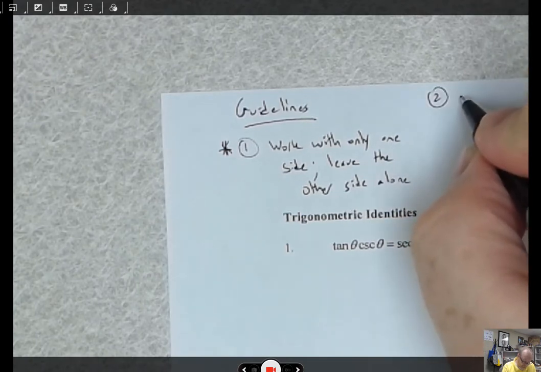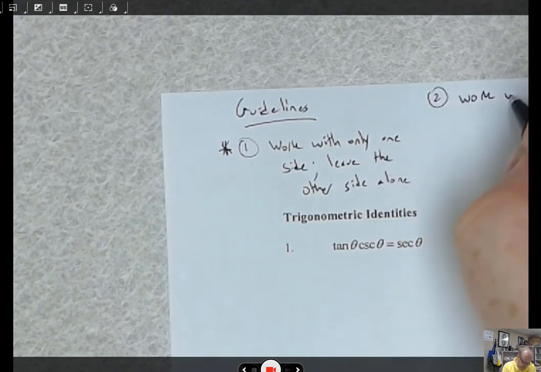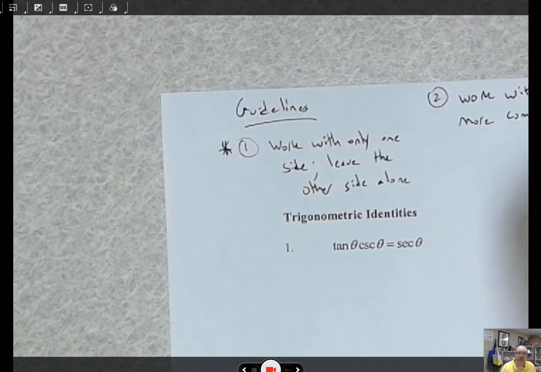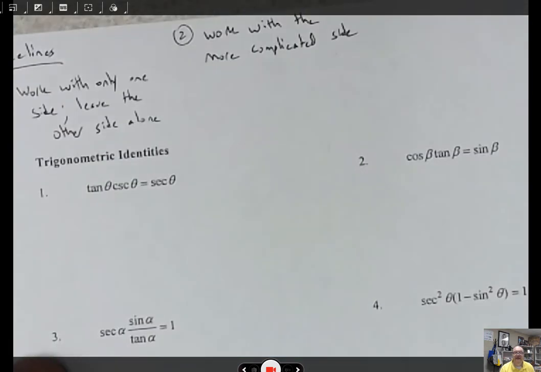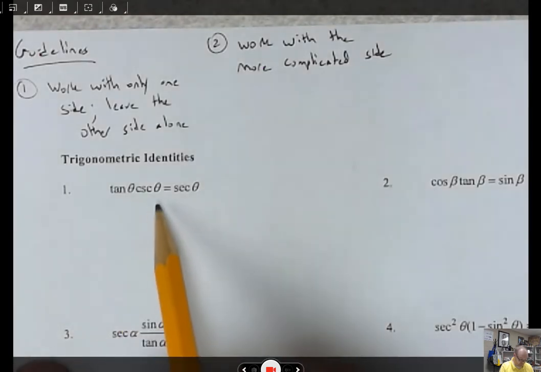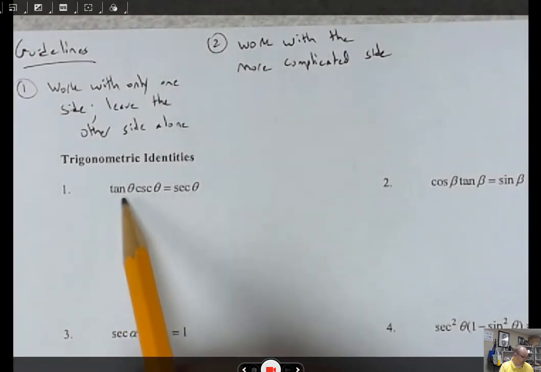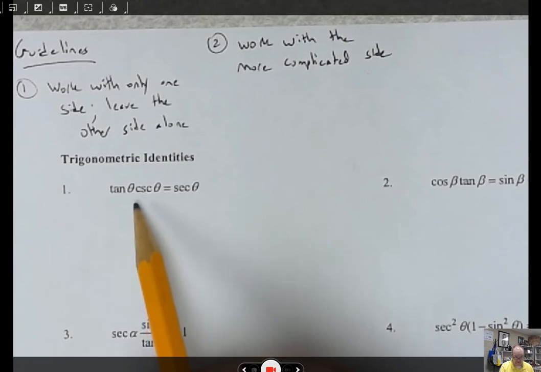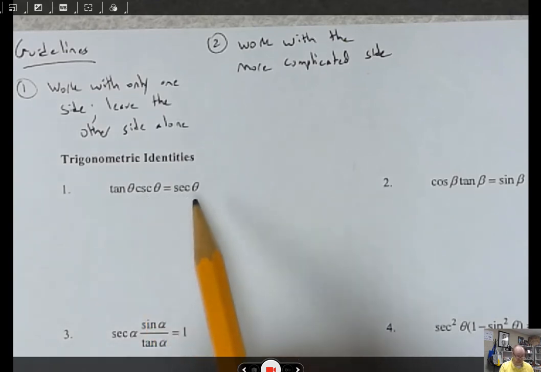Typically, we work with the more complicated side. It's going to be easier to make complicated things simple than simple things complicated. So if I just glance at number one, which we'll work in just a moment, the left-hand side is more complicated. So that's the side I'm going to work, which means I'm not going to touch the secant at all.